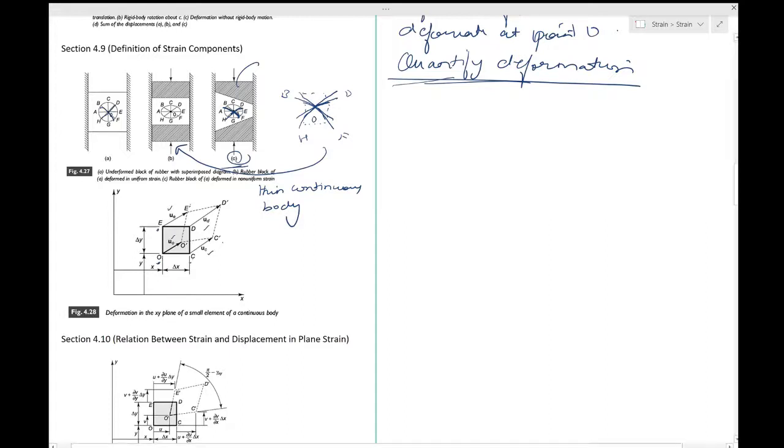Okay, so let us express the deformation in the vicinity of point O quantitatively by giving the changes in length of the two lines OC and OE. So look at the line OC and line OE. What you must do is try to track the change in length of these two lines, as I've said, with respect to the neighbors.